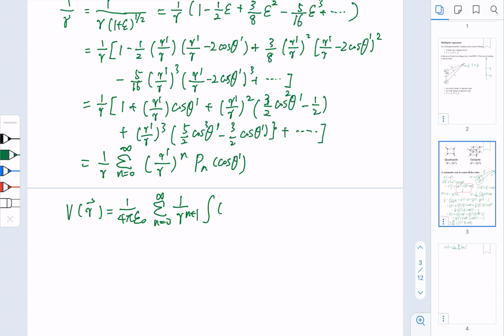And so here the r prime goes to the order of n instead of n plus 1. And then this is P_n cosine theta prime, and also the charge density distribution rho of r prime, integrating over all the volumes.